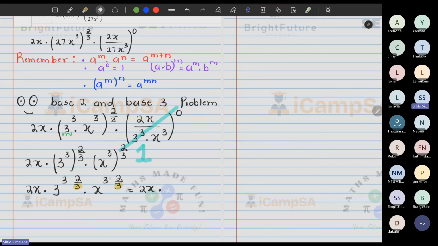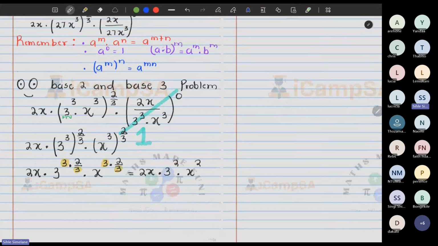Let me remove this x because it might confuse you. Let's put a dot here for multiplication. So what is 2x multiplying, guys? 3 to the power of 2 and x to the power of 2. Yes. So this means that we have 2x multiplying 9, multiplying x squared.